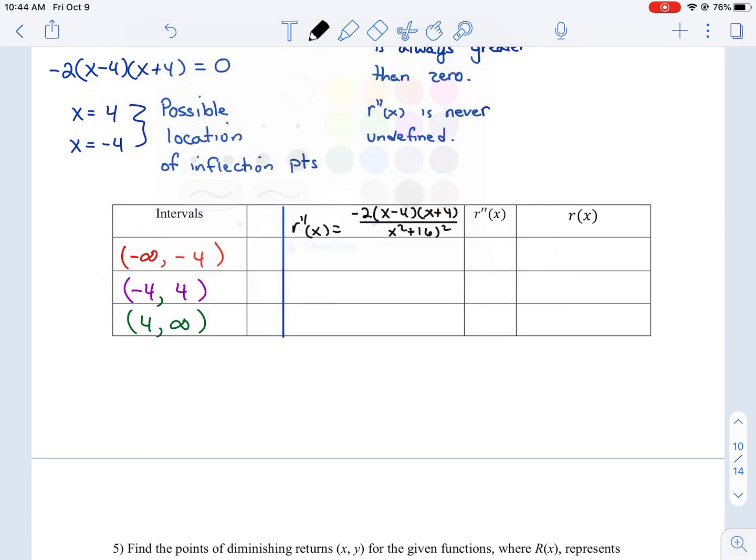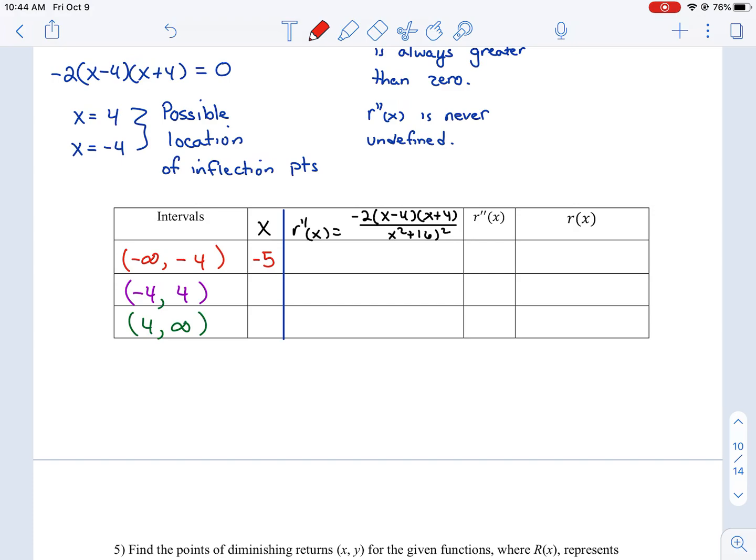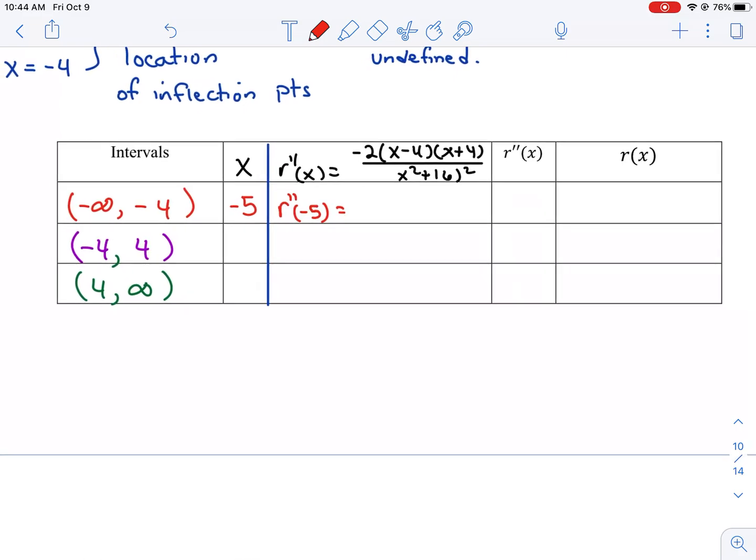All right, so now we are ready to test values of x. So in the first interval, -5 is in the interval -infinity to -4. So I'm going to test the second derivative when x is equal to -5. And in this case, I don't really care about the values.